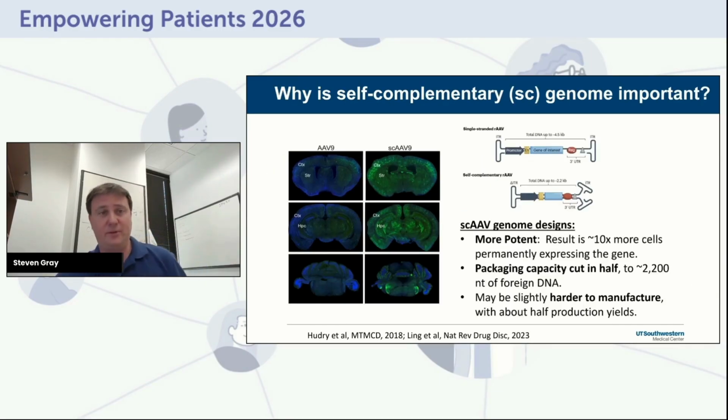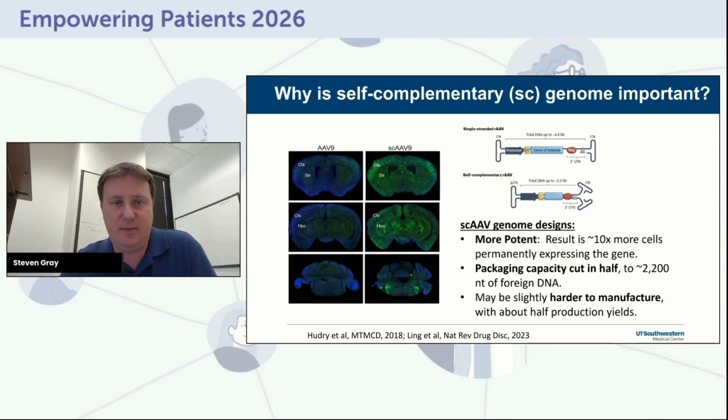And what happens if you make the DNA smaller? There are some specific innovations that were developed about 25 years ago with AAV specifically, where it normally packages a single-stranded piece of DNA, but you can trick it. You can make some changes in the AAV packaging elements to trick it into packaging a double-stranded piece of DNA.